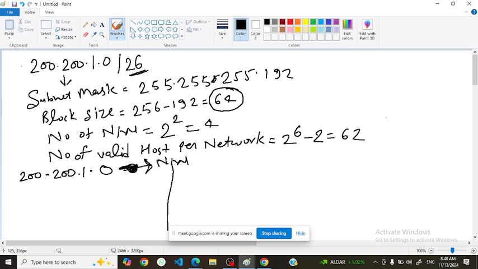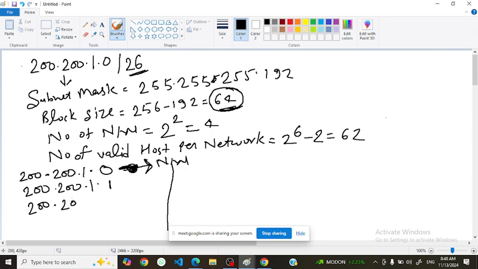and the next will be 200.200.1.1. What is the block size? 64. Exactly. So in this network, how many total IPs? 64, but you don't count the network ID and the broadcast ID.